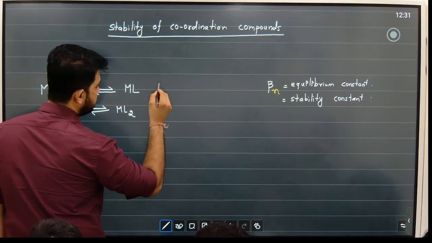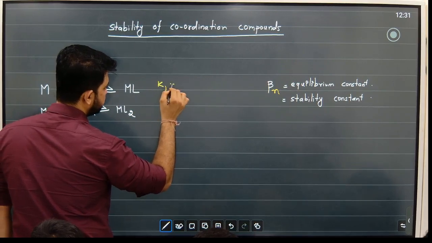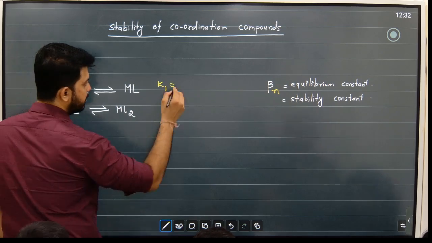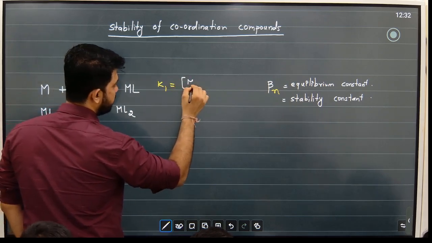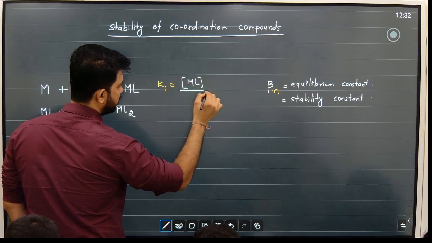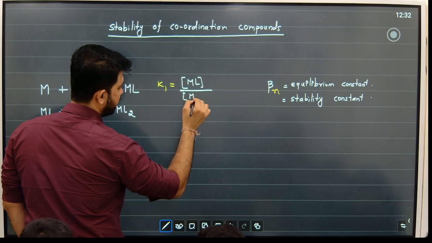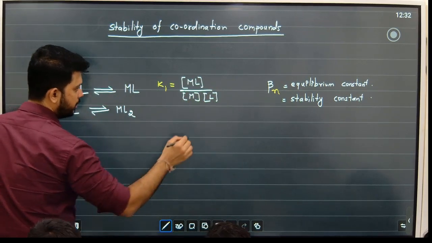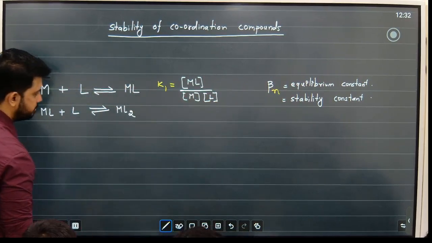If I write the stability constant, or equilibrium constant, for the first step, K1, how much will that be? It will be concentration of ML over concentration of M, just like we used to write the expression for equilibrium constants.